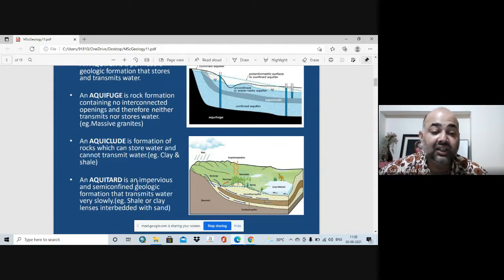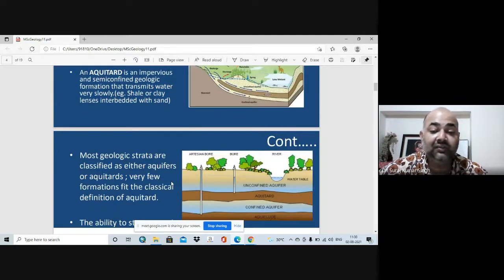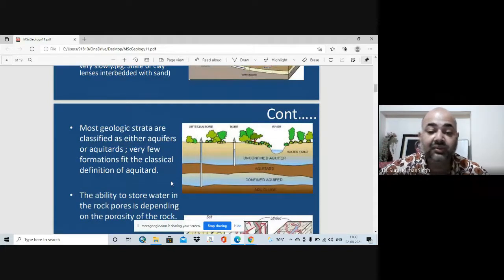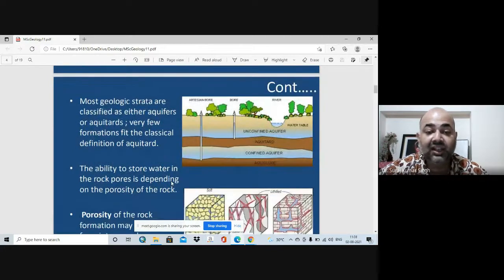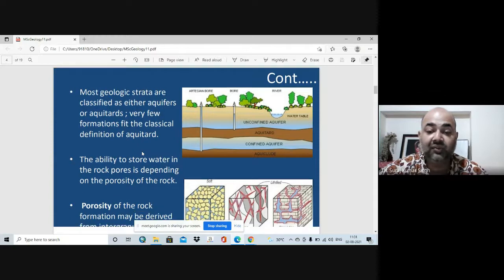An aquitard is an impervious and semi-confined geological formation that transmits water very slowly, that is shale or clay lenses interbedded with sand. So depending on the different composition of the materials or the sand, you will find different kinds of aquifers. Most geological strata are classified either as aquifer or aquifuge. Very few formations fit the definition of aquitard.